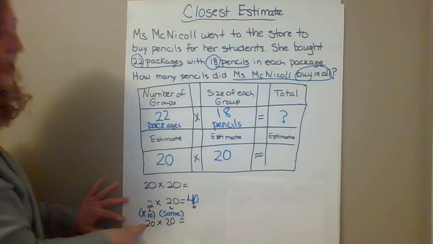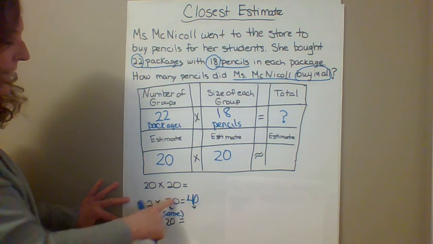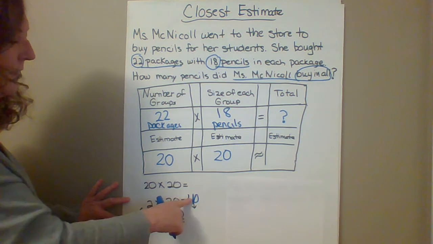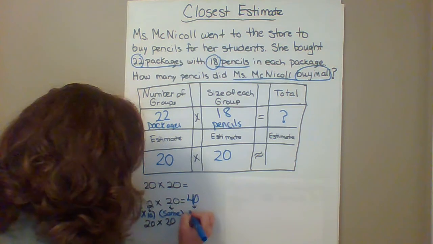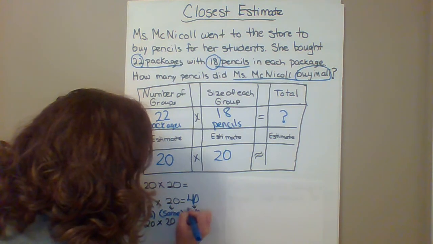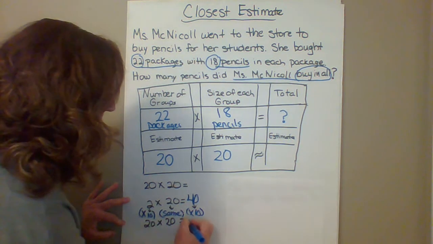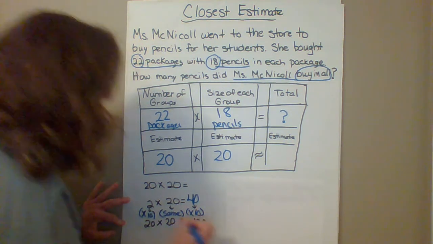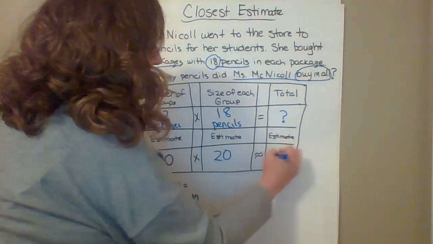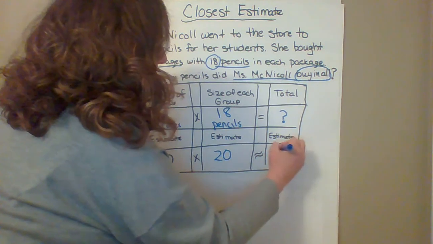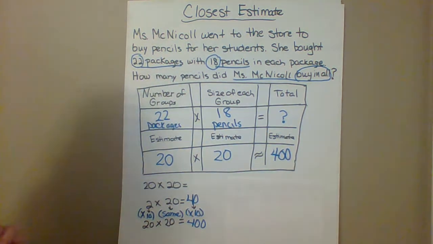So if one factor is changed in one way and the other factor stays the same, the product or the answer needs to change the way the one factor did. So 40 times 10 is 400. That would be our estimate. Okay, we would estimate that that would be about 400.